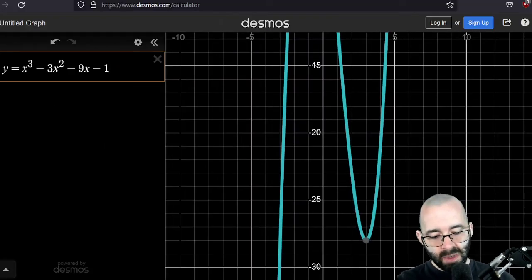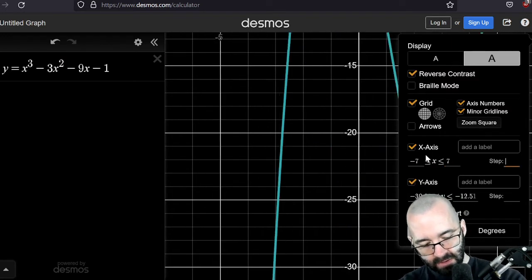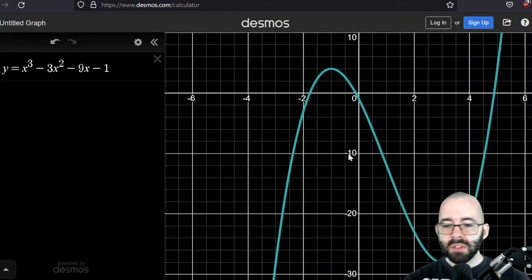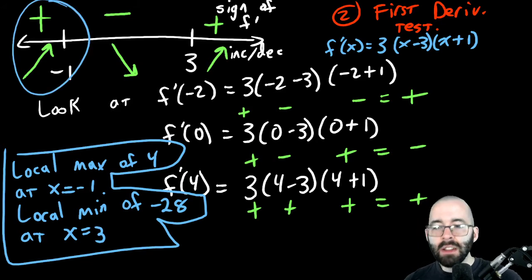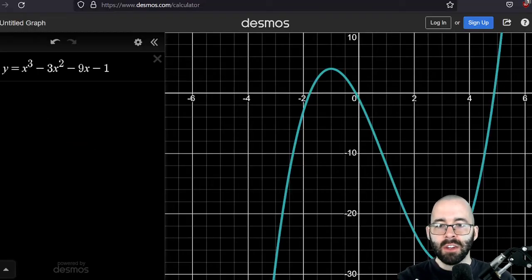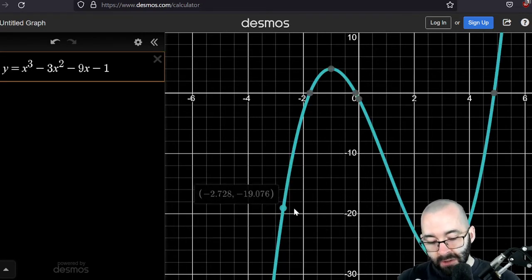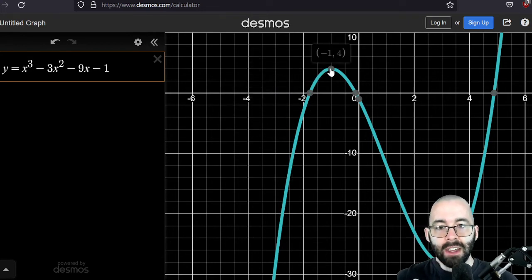We also said, let me zoom out on the y's without zooming out on the x's. We also said, look at this chart on the top. We said on the interval from negative infinity up to -1, the function's increasing. As we go left to right, the function is going up all the way up to when x is -1.